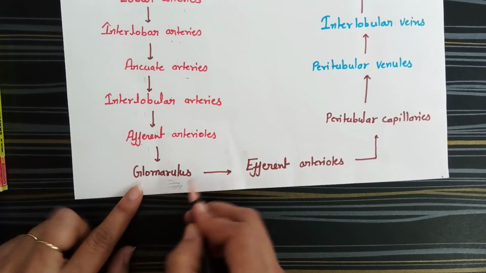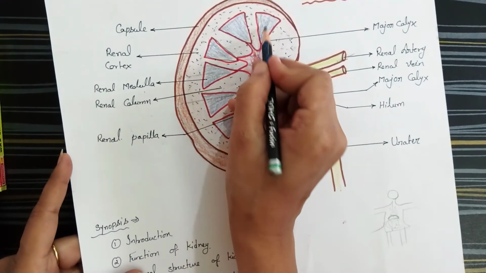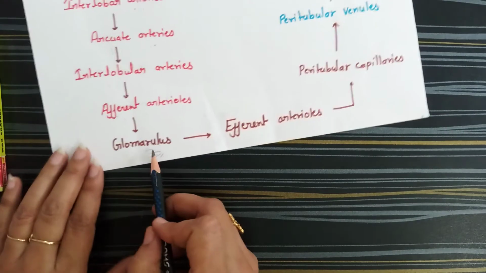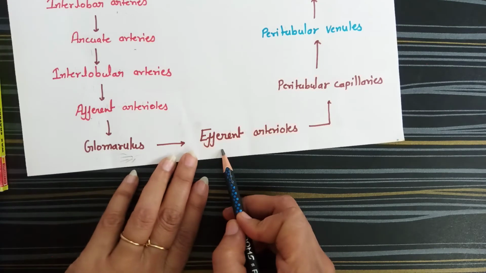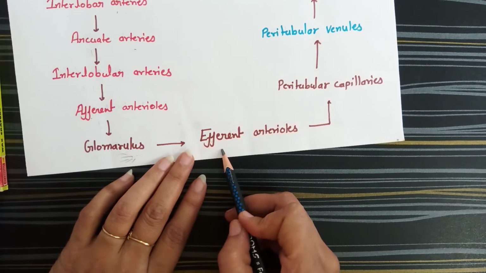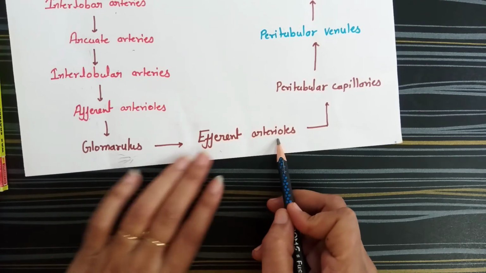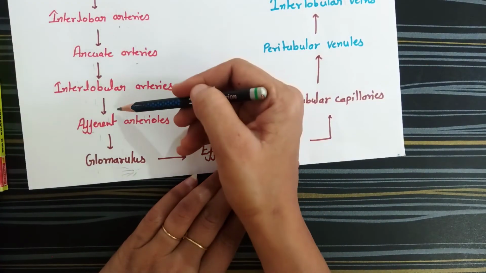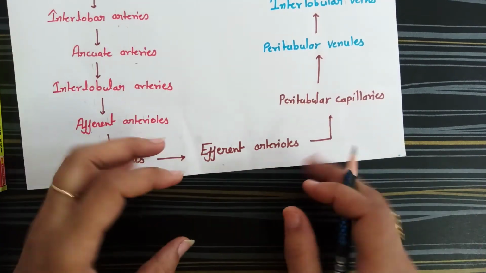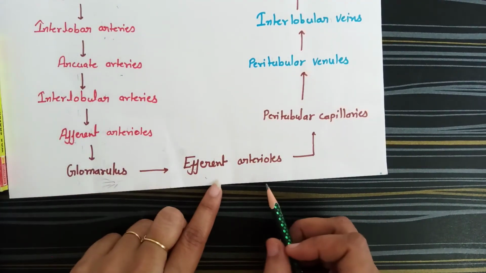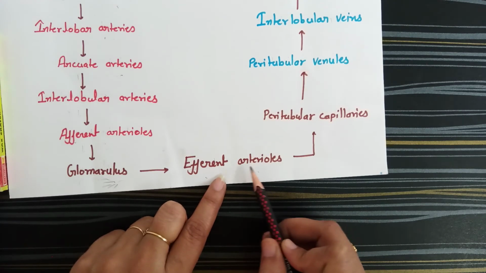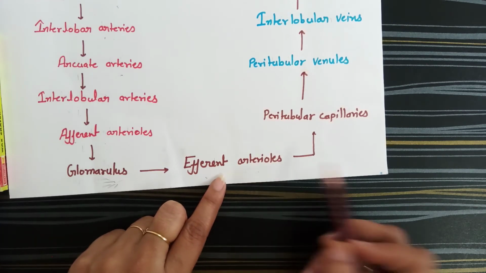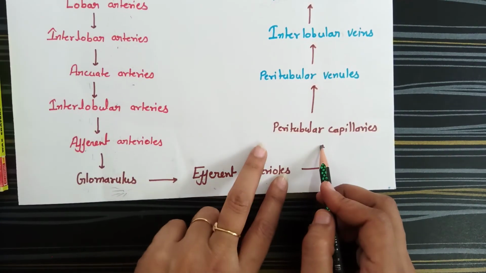Many ball-shaped capillaries are present, and now these capillaries unite again to form an arteriole called the efferent arteriole, which exits from the glomerulus. Now we enter the venous drainage.